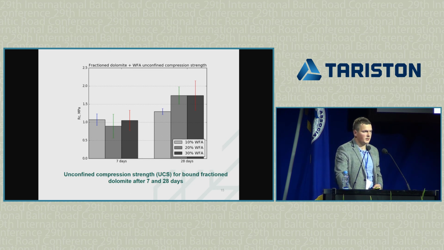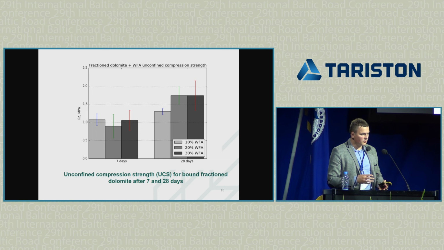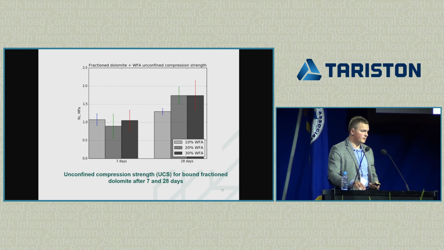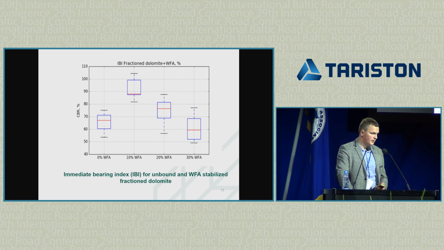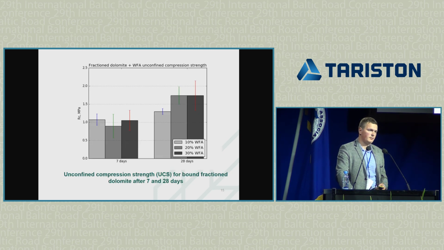What you can see here is that by hardening in time, these immediate bearing values are compensated. If you look back here, you can see that the optimal is 10%, but it is compensated by hardening.